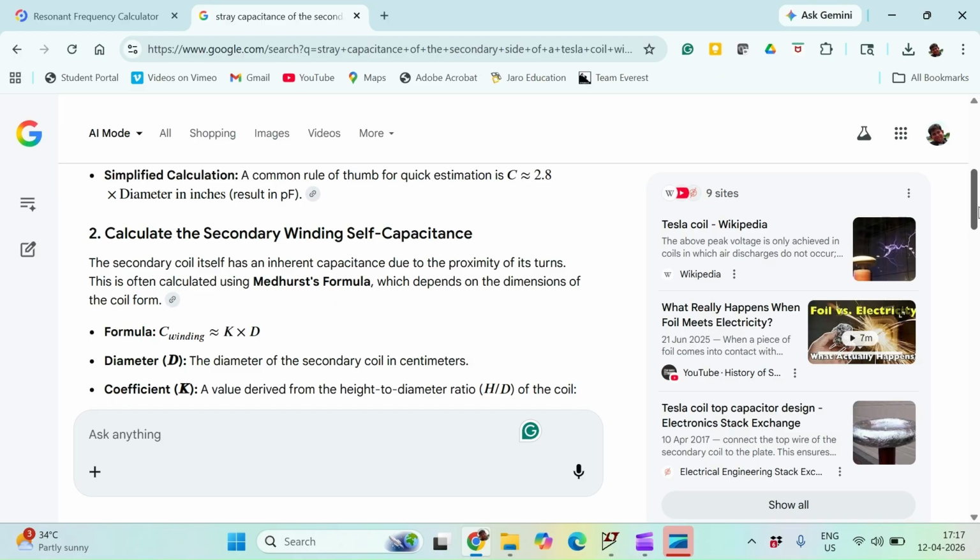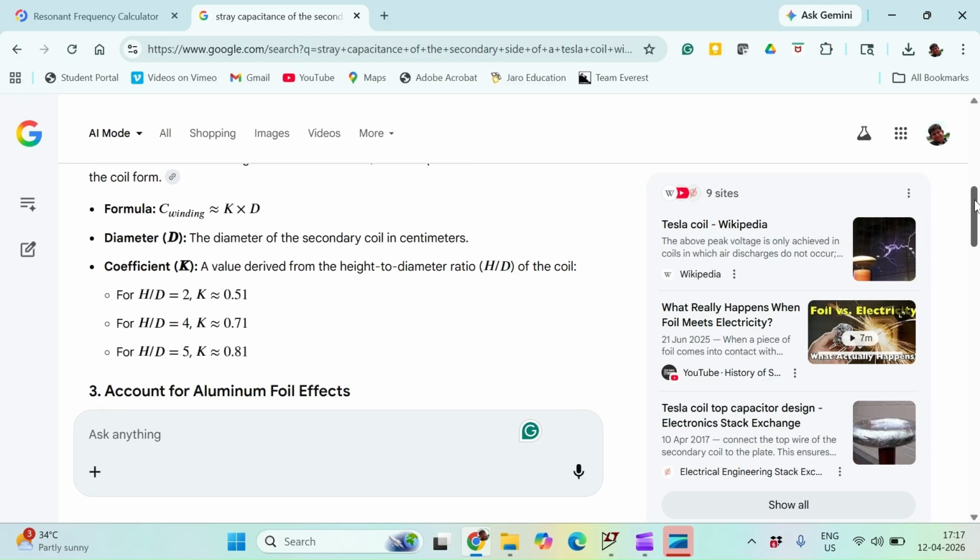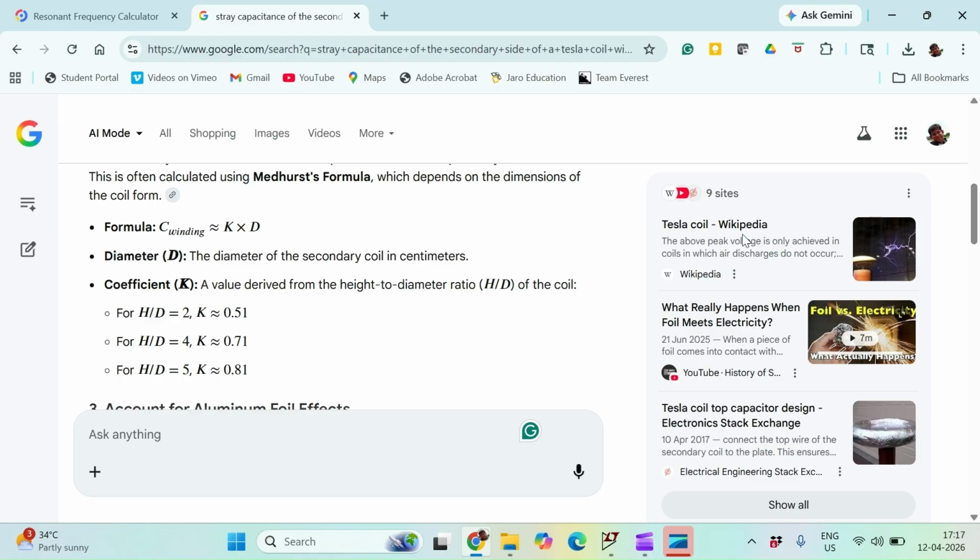And for the secondary coil, there are different formulae. One formula that we can use is the Medhurst formula. Using this formula, the capacitance of the winding is given by K times D, where K is the coefficient given by the height to diameter ratio of the coil, and D is the diameter of the coil.